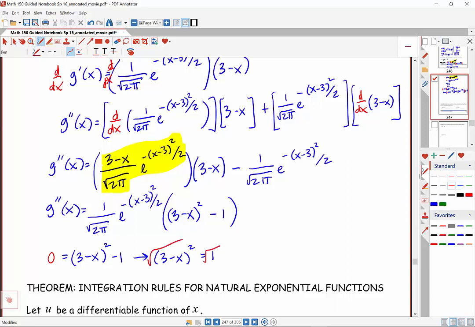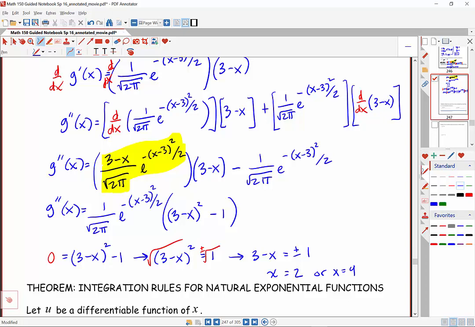You get a plus or minus, of course. And we're going to get 3 minus x is plus or minus 1. So for x equal to positive 1, what would that be? X would have to be 2, right? And for it to equal negative 1, x would have to be 4. Okay?